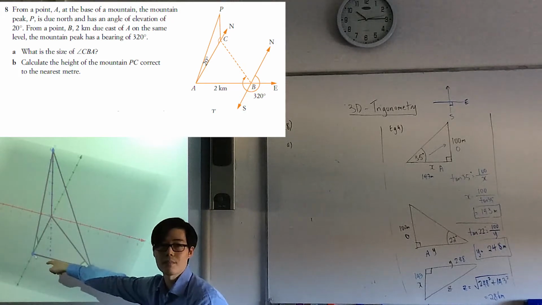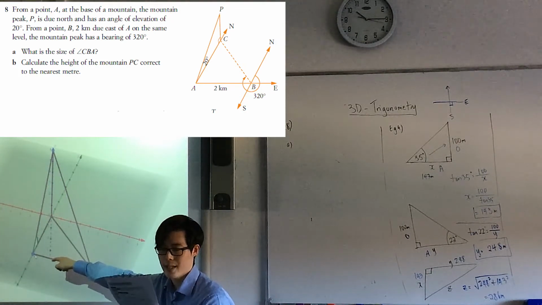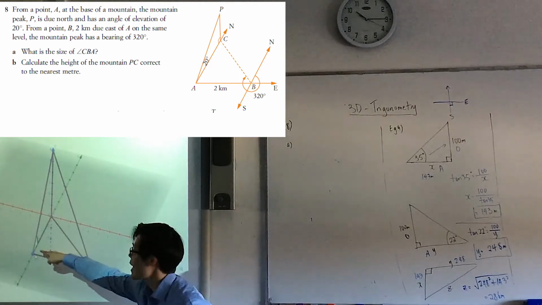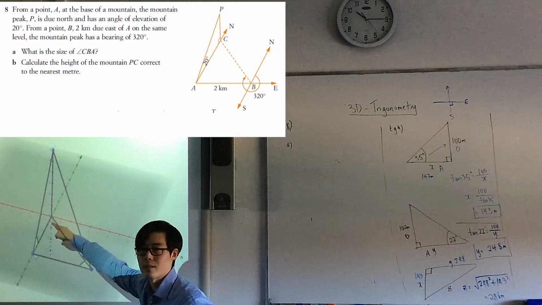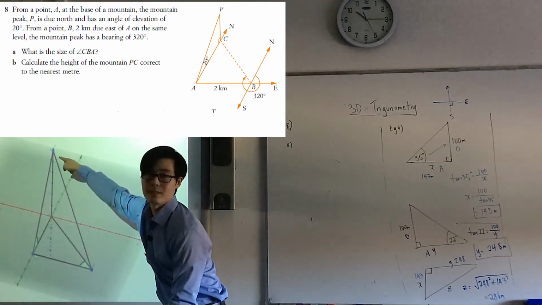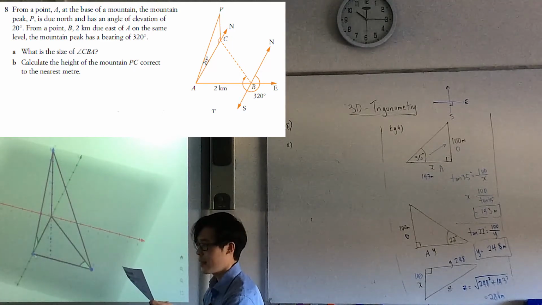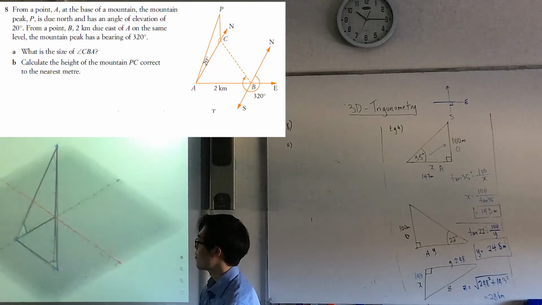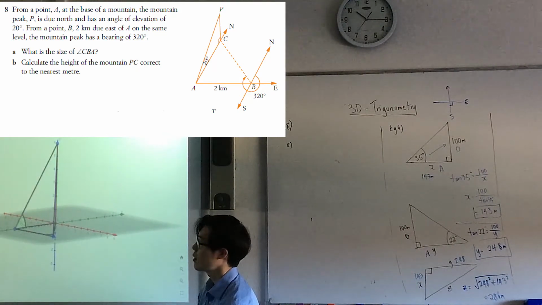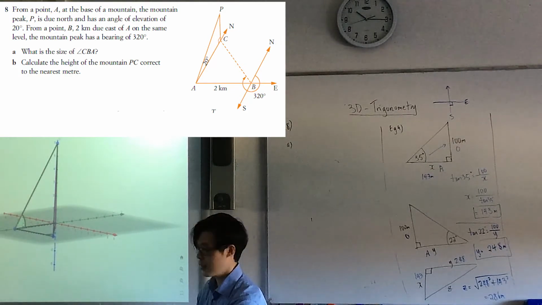From A, if I go north, that's the base of the mountain, which takes you up to the peak of the mountain. Does that make sense? Yeah, see that wording right there is actually quite confusing. Now, and that has an angle of elevation of 20 degrees. So what they're saying is, from that point A, if you look up to the peak of the mountain, that angle is 20 degrees. Make sense so far?